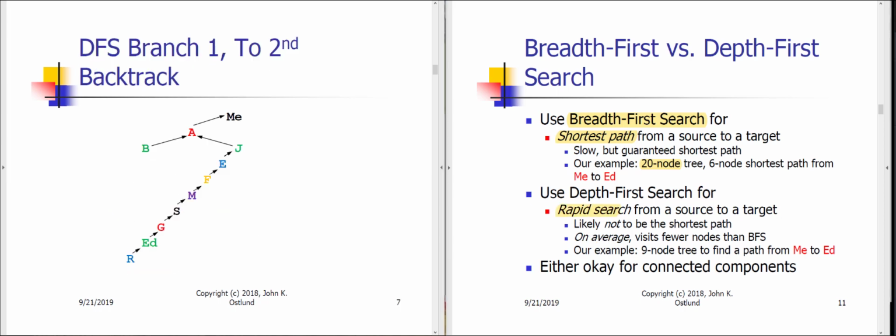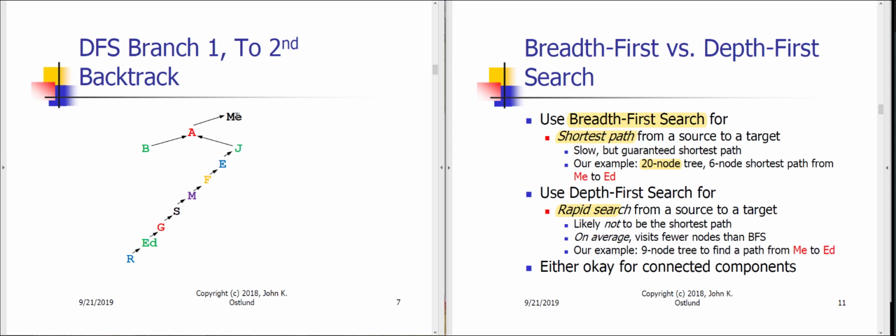Now, using depth-first search, on the other hand, here I've displayed slide 7 from the current notes. It turns out that we only had to construct a 10-node tree in order to find a 9-node path from me to Ed. So the entire tree that we needed to construct was only half as large, although the path is a little bit longer.